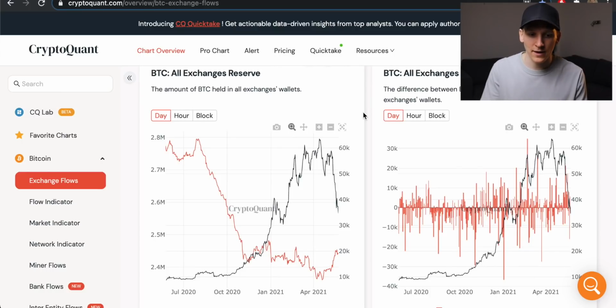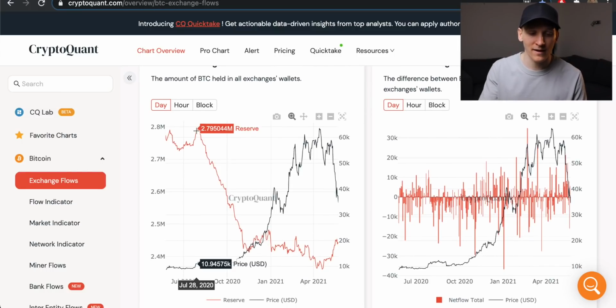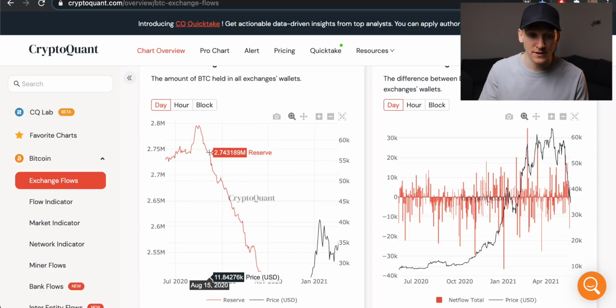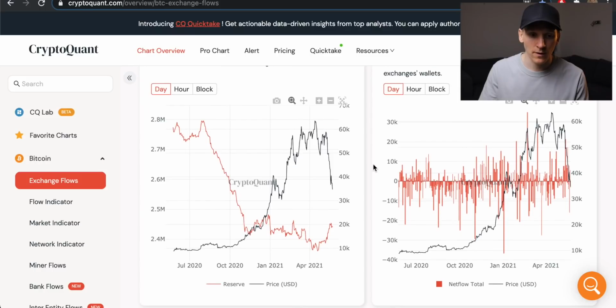And you can actually see a correlation here. The orange line is assets moving out of exchanges into cold storage, and you can see that a lot of Bitcoin was on exchanges right here, and then as we move down, obviously less and less Bitcoin is on exchanges. It just so happens that that is correlating with the price rise right here.